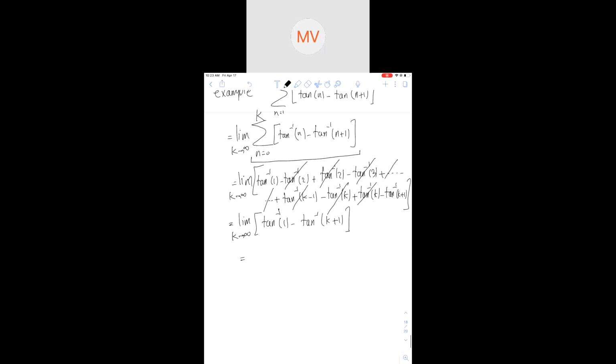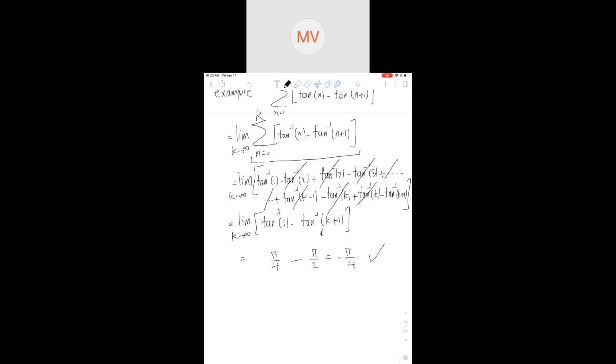Now it converges, right? Because the limit of tan inverse of k plus 1 is pi halves. And what's the value of tan inverse of 1? It's pi fourth. So pi fourth minus pi half is negative pi fourth. That's finite.